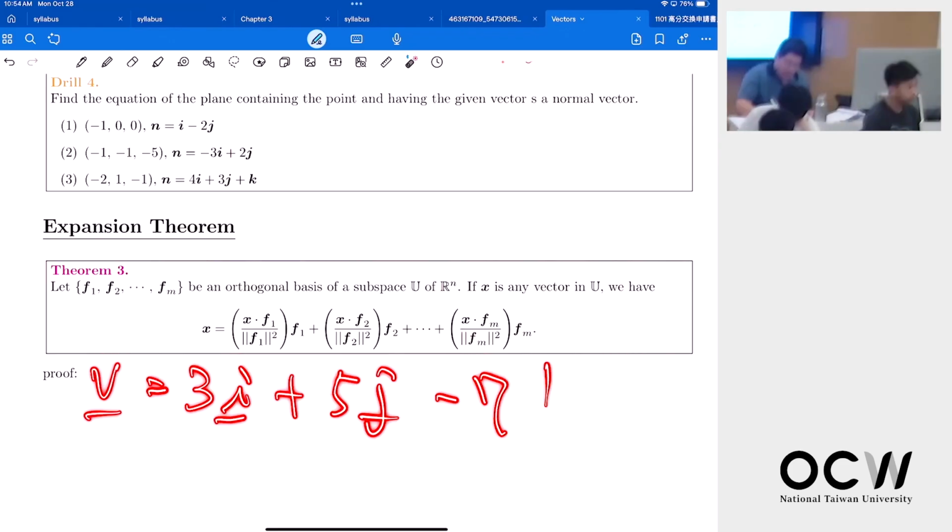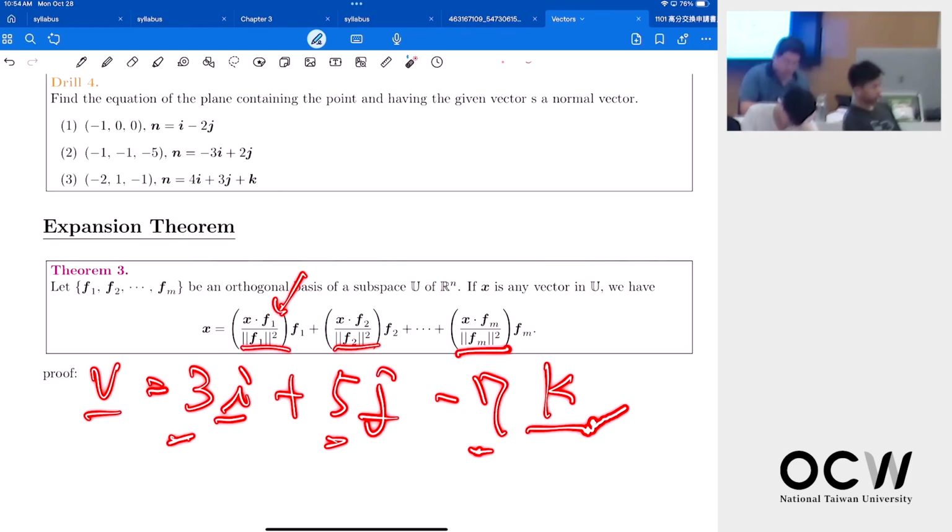First, i, j, k are orthogonal bases, and 3, 5, minus 7 will be their coefficients. How do we get 3?